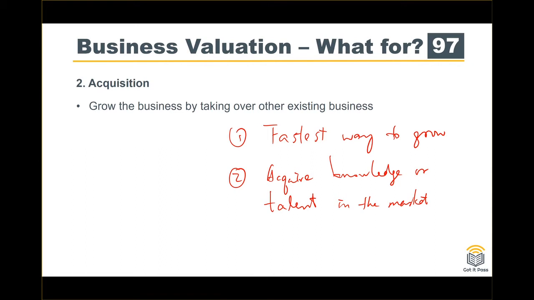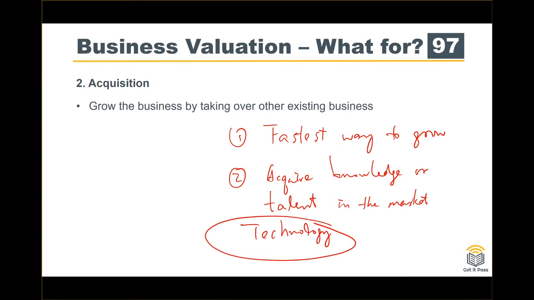For example, building a talent pool may take maybe 5 to 6 years, but if you acquire another business, just 2 months later you have the talent pool to build or grow your business. It is especially important for a technology company.